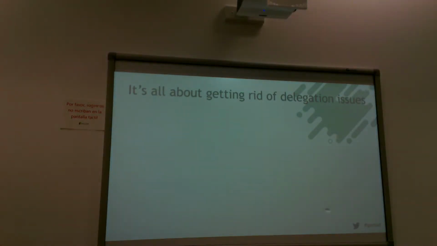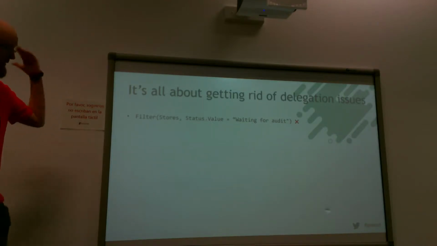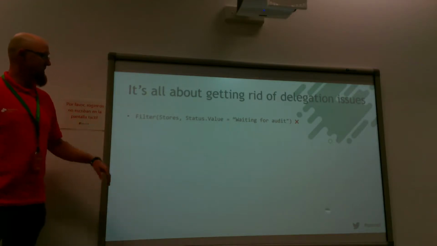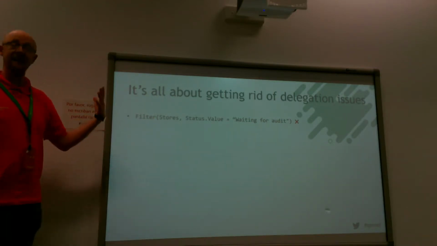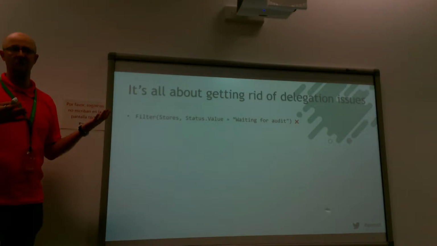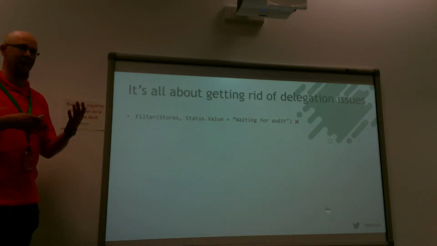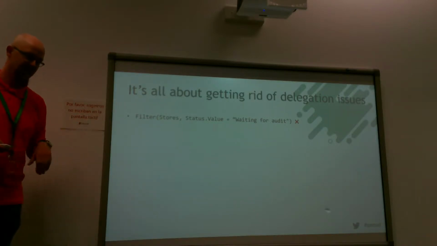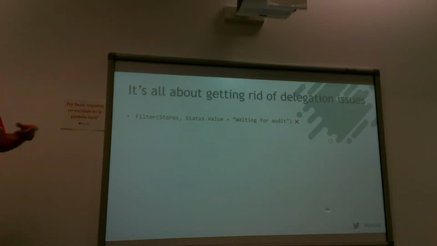And let's go through the few most common ones I have seen. First, here I like to filter all my stores, I'll show you an example, by status. Like I have some orders or whatever, and usually they have some status in the application, like new, in progress, waiting for audit, handled, closed, rejected, whatever.